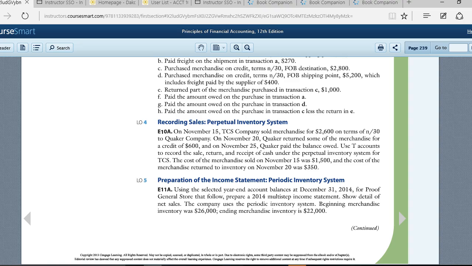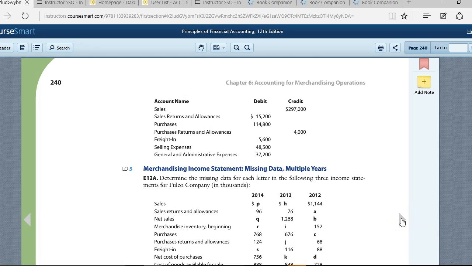Show detail of net sales. The company uses the periodic inventory system. Beginning merchandise inventory was $26,000. Ending merchandise inventory is $22,000. So it gives us our various accounts if they're debited or credited.